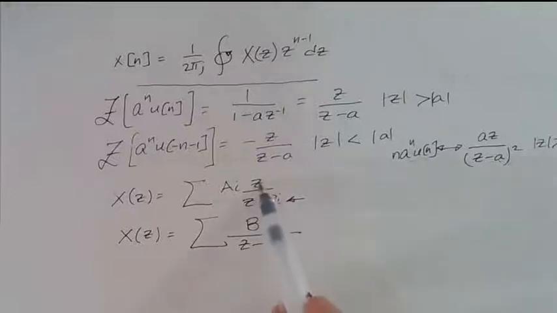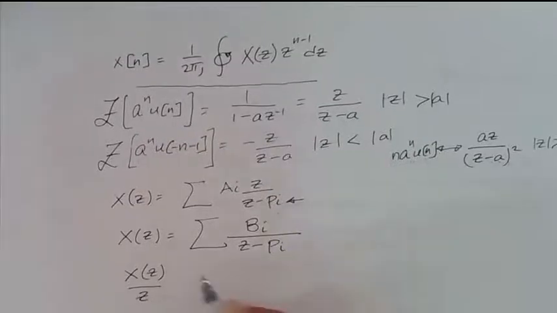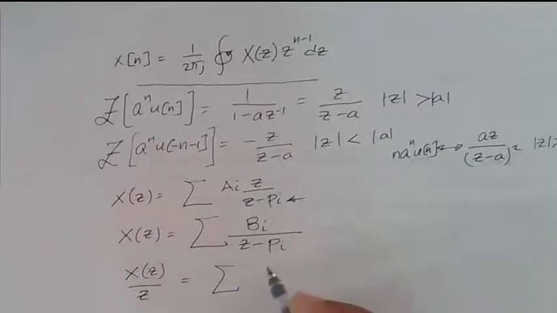What I want is something which is z over z minus the poles. And I can do that really easily, because all I have to do is divide both sides of this by z. So now I have X(z) divided by z. And I can now use my partial fraction expansion skills, and I can expand this as a sub i over z minus p sub i.